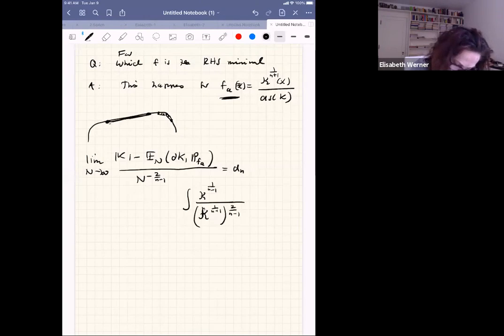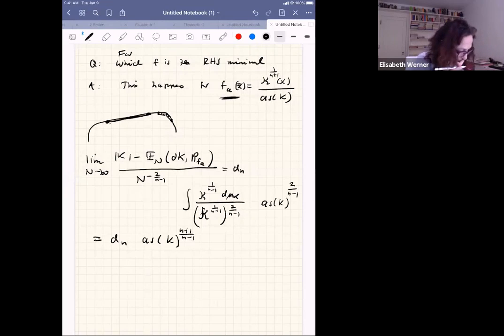And then we'll have d mu K, and then the affine surface area of K, which, because it goes with the f, we have to raise to the power 2 over n minus 1. And if we put everything together, what we'll get is just this constant dn times the affine surface area of K raised to the power n plus 1 over n minus 1. So that's what we get.